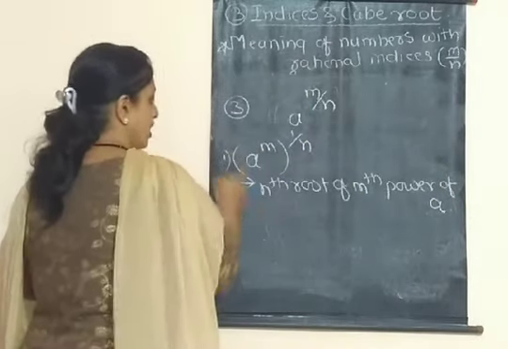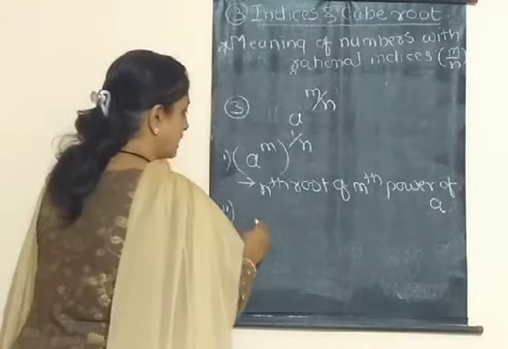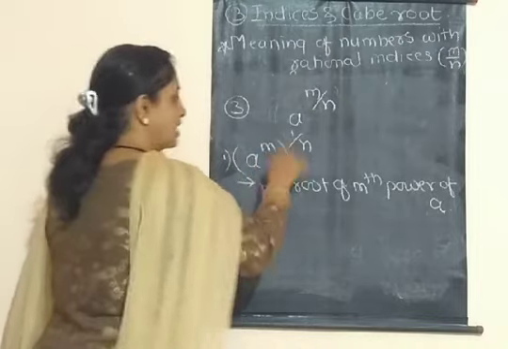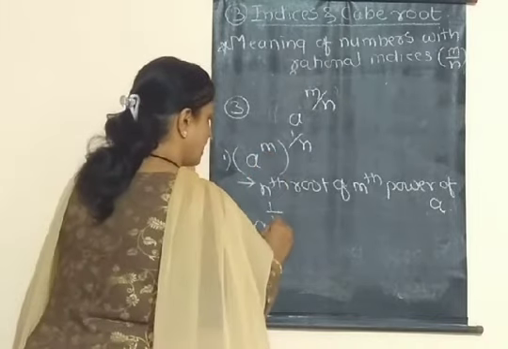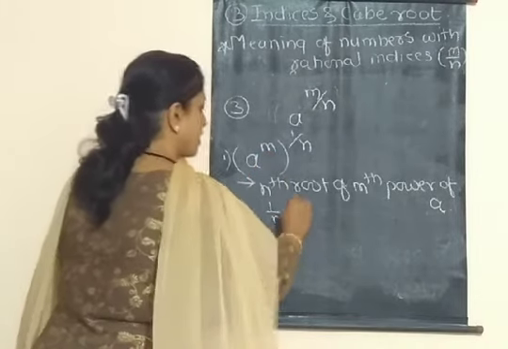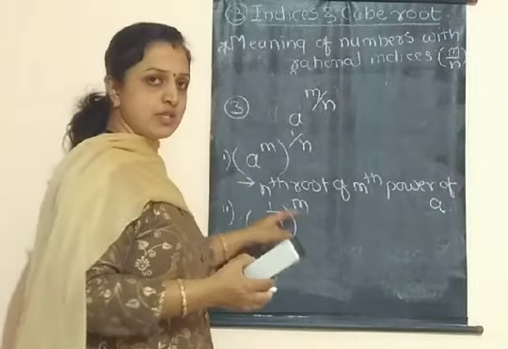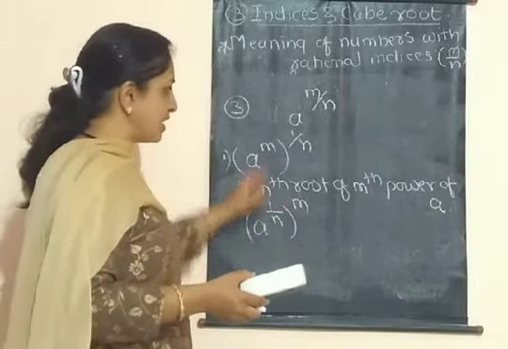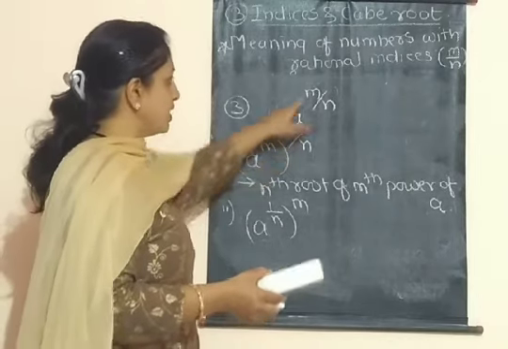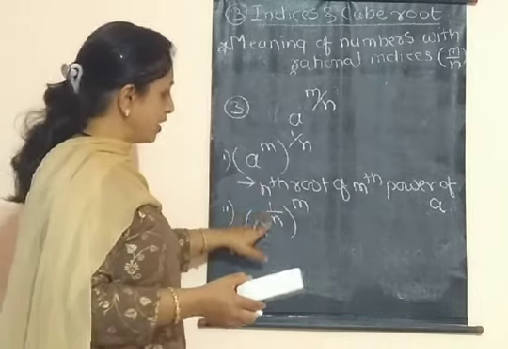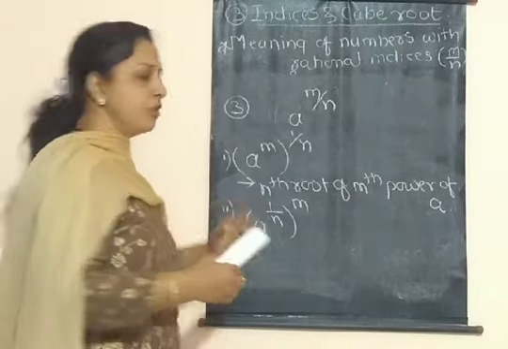Now how do we write the number in another form? You can take this 1 upon n inside and this m outside: a raised to 1 upon n raised to m. Here also we don't change the positions of numerator and denominator. You can see that this m is at the numerator and n is at the denominator, and here also n is at the denominator and m is at the numerator.